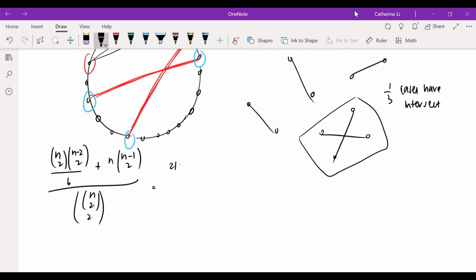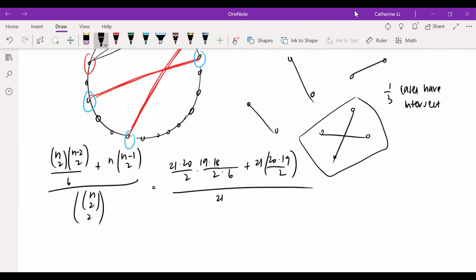So n is 21, which means that we have 21 times 20 times 19 over 2. And then all over n choose 2, which is 210, so 210 times 209 over 2. And then we can just cancel some stuff out.